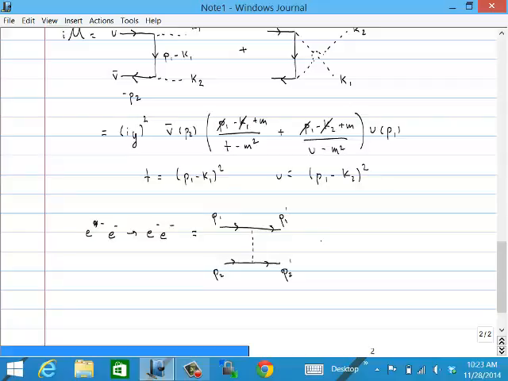And then you have to add in this other diagram. How do I want to draw that? Let me draw it so there's that other diagram. Okay.